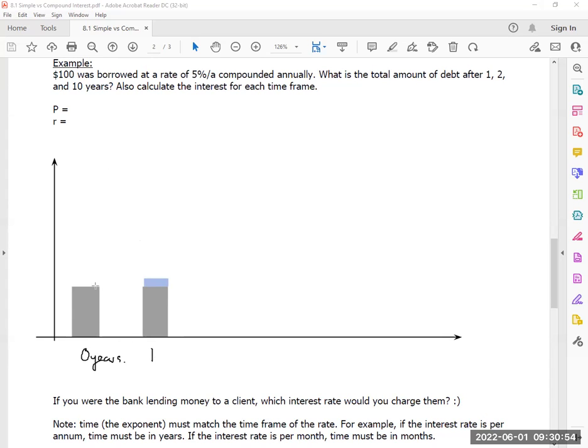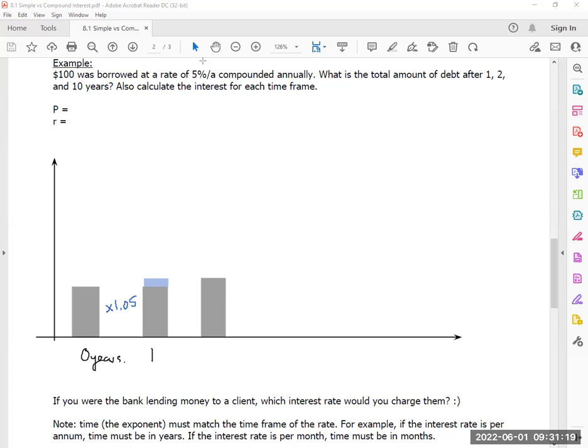Next, how much money? So look at this, multiplied by 1.05, right? You have a little bit more on top of it. Next, how much money do you have now? Gray and the blue together. So this, in the next year, is considered your total amount of money.